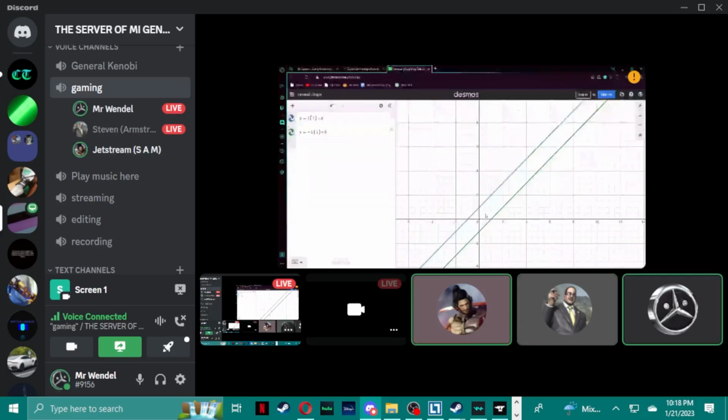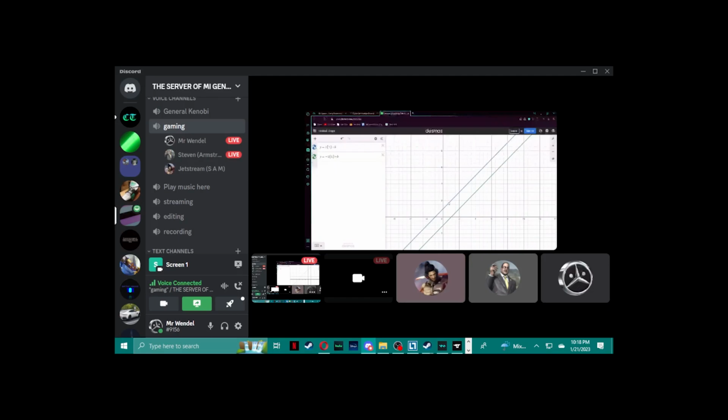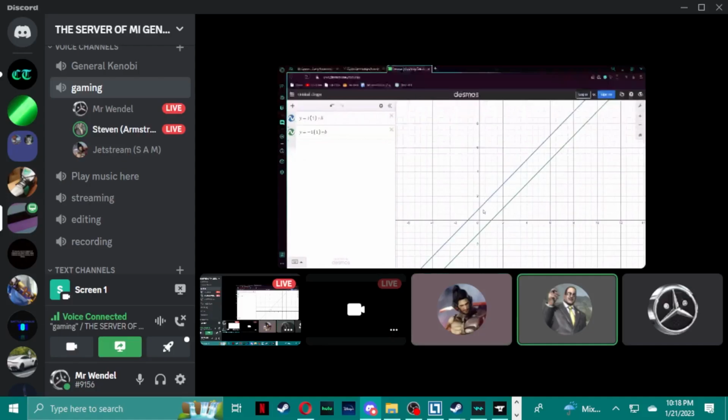No, that's correct. Technically, if you add -1, you're adding to infinity, but it doesn't change the fact that it's still infinity.